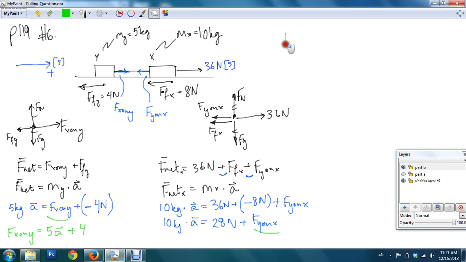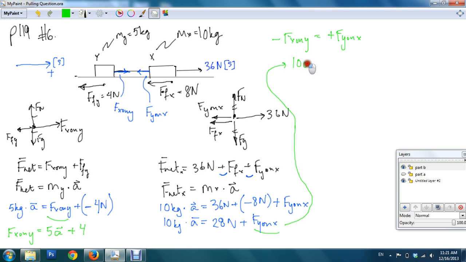Now, Fx on y is equal to negative Fy on X, or negative Fx on y is positive Fy on X. So now I'm going to use this.